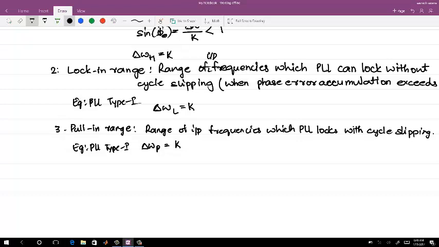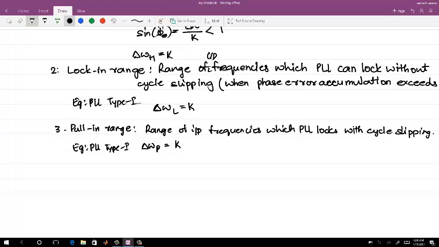Okay. So type 2 PLL can have a larger lock-in range compared to type 1 PLL, even when it is using a mixer type of phase error detector. So you distinguish between the two. This may not be the problem of the phase error detector. This is to do with the loop, whether you are integrating the phase error large enough.